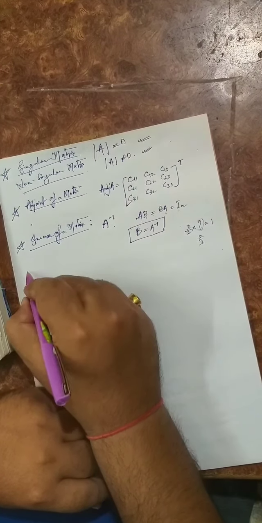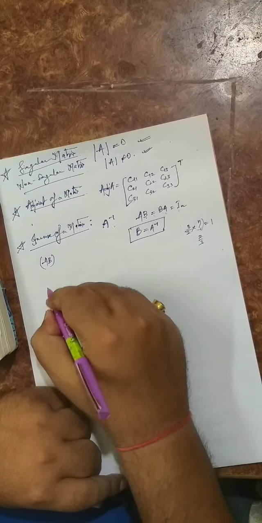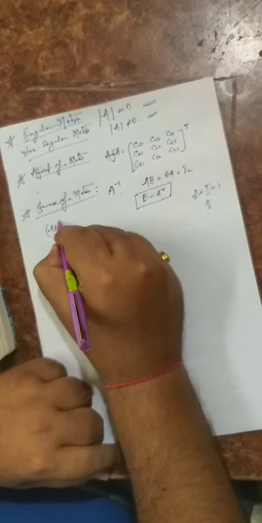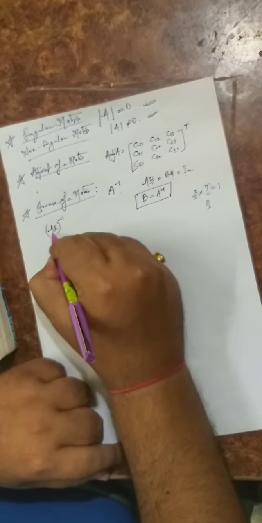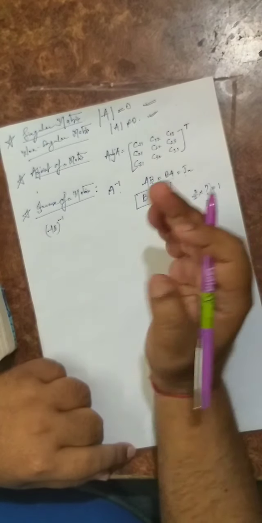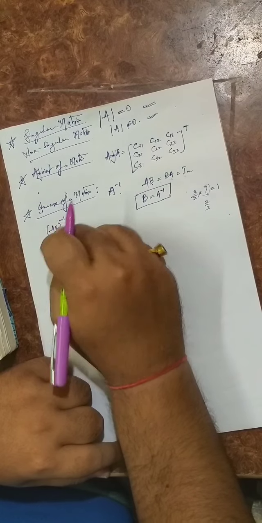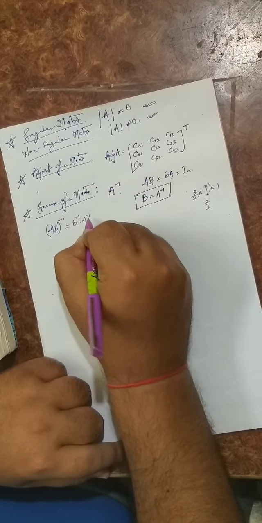Now a few of the very important properties. If you multiply two matrices A into B, you will get a new matrix. If you then find the inverse of that matrix, it must be equal to B inverse, A inverse.